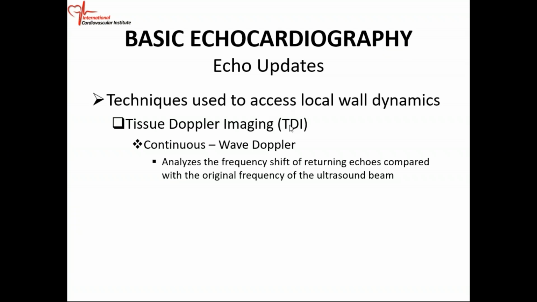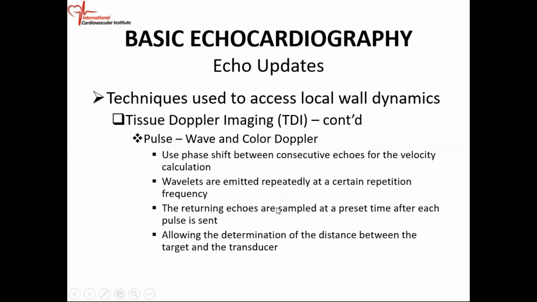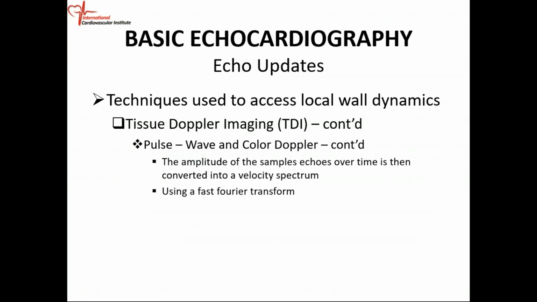We still use tissue Doppler in some extreme situations, but the majority of what we use today is speckle tracking echo. The main problem with tissue Doppler imaging is that it's angle dependent, and it's difficult to get the ultrasound beam parallel to the moving structure.